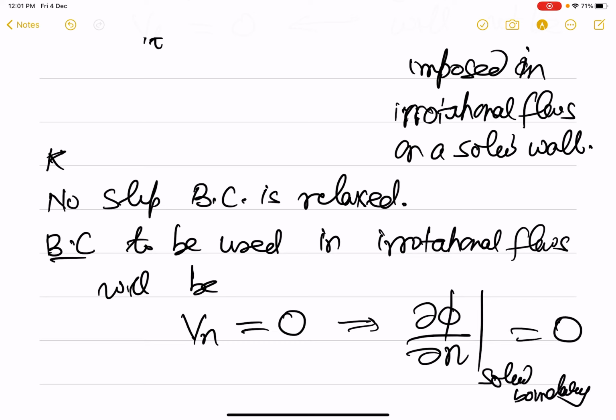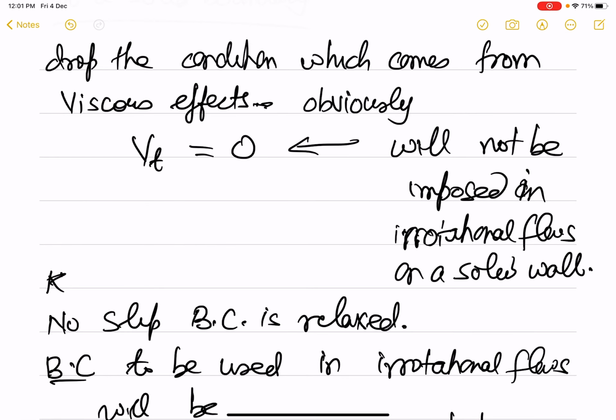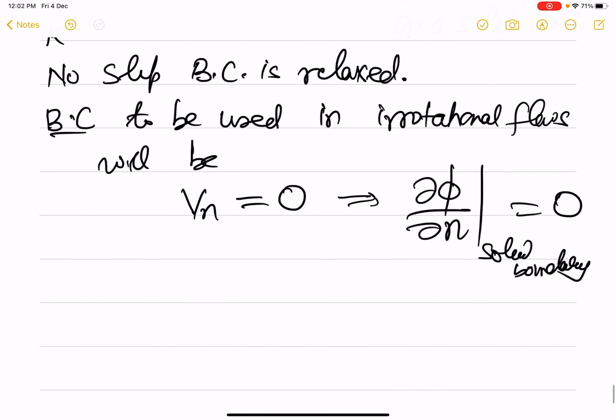Of course, this condition Vn is equal to 0 comes from mass balance. So this condition will be imposed, but the Vt, the slip, can take place on the surface of a solid surface.